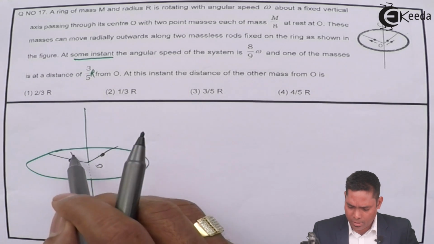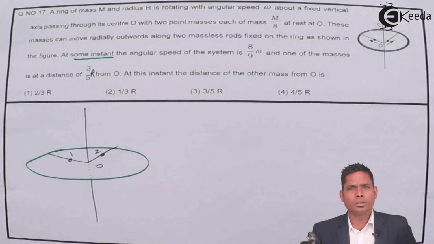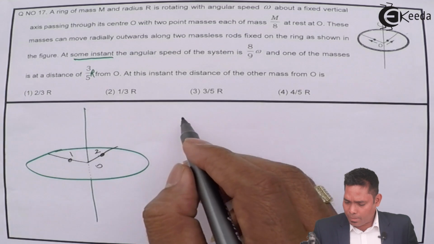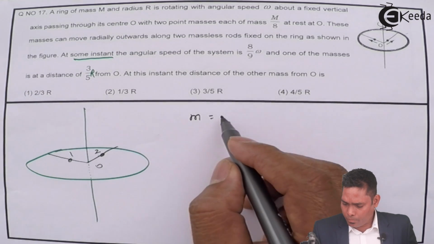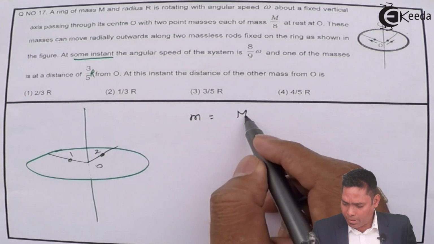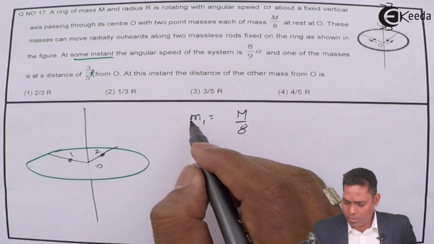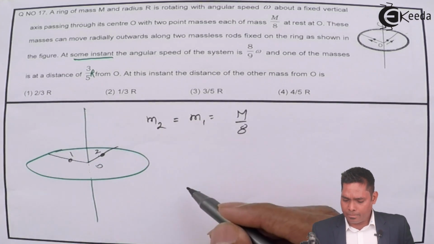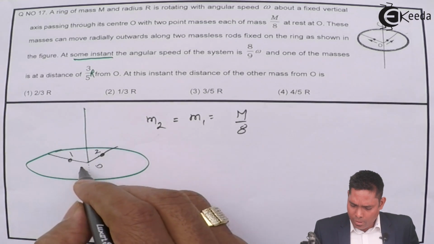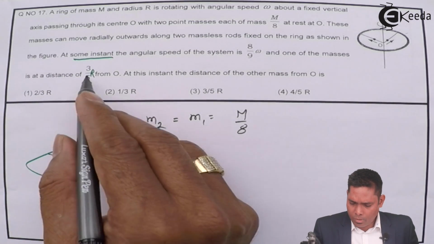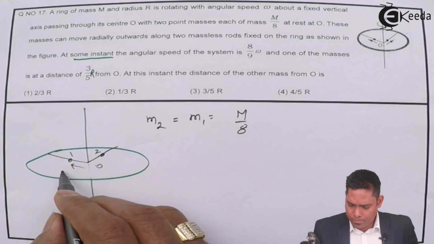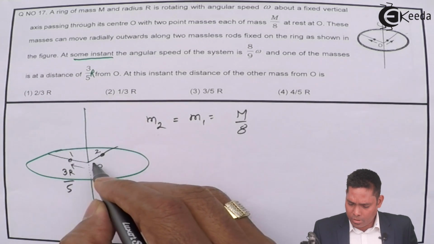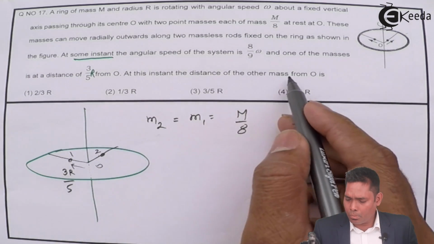Suppose this is the first mass and this is the second mass. All these masses have mass m by 8, m1 and m2 both m by 8. This one is at a distance of 3r by 5, and this distance is to be found.